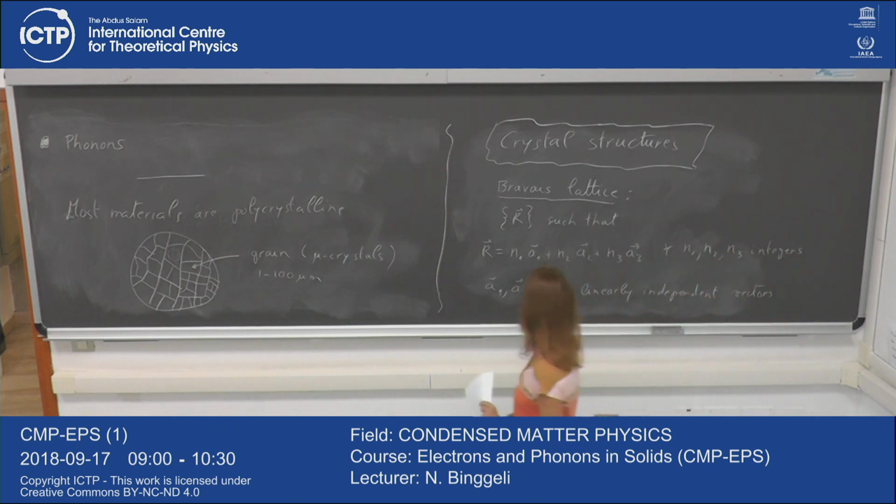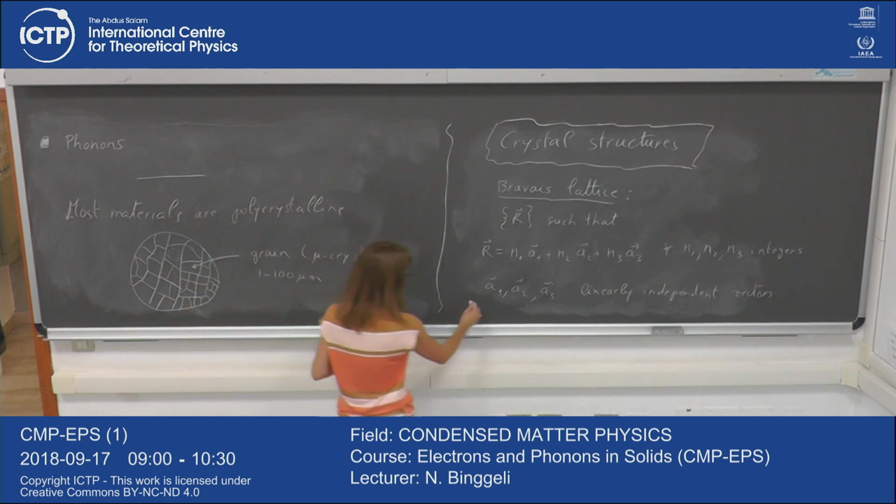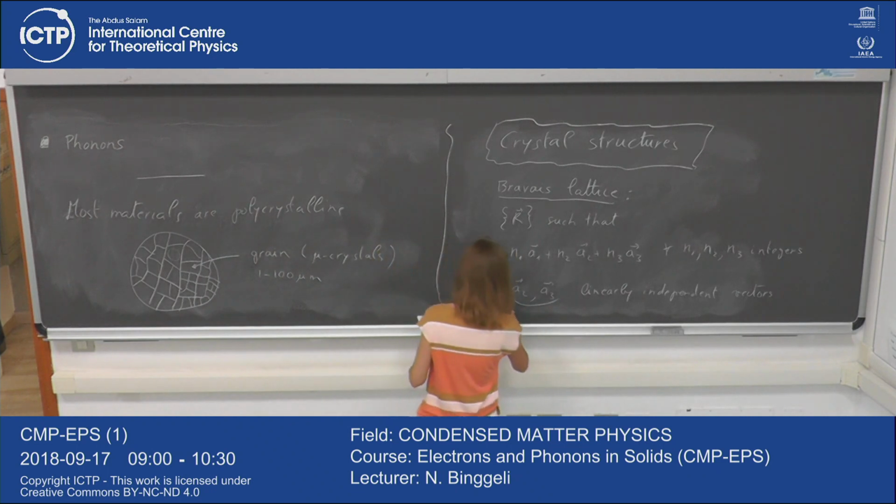They are called the primitive vectors of the Bravais lattice.